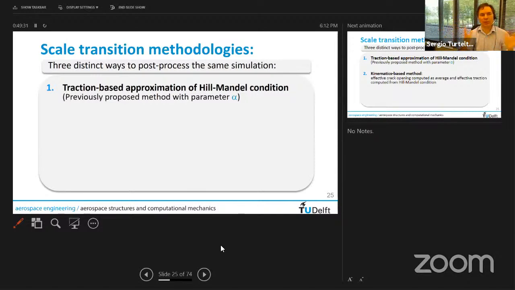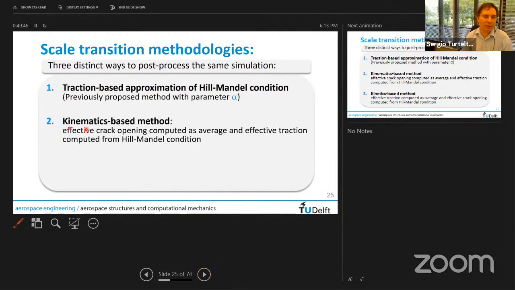So we had to adjust something, and then we had to give up on a sacred quantity, which is the average quantity. So we came up with two very simple approaches. One is what we call the kinematic space approach, where we make sure that the Hillman condition, the surface-based Hillman condition, is exactly satisfied.